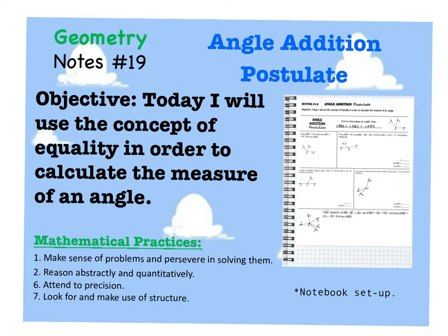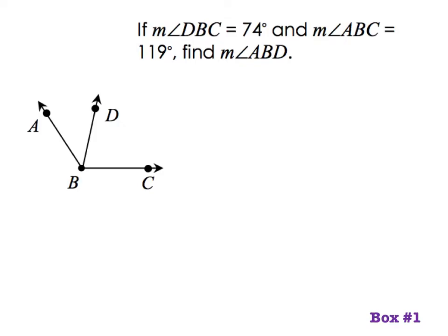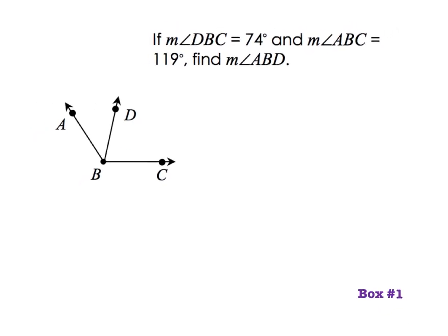All right, let's go ahead and get started. This goes in box 1. Now we're bringing in the algebra. We are going to be doing algebra and solving equations. It says the measurement of angle DBC, and that's this one right here, equals 74 degrees.